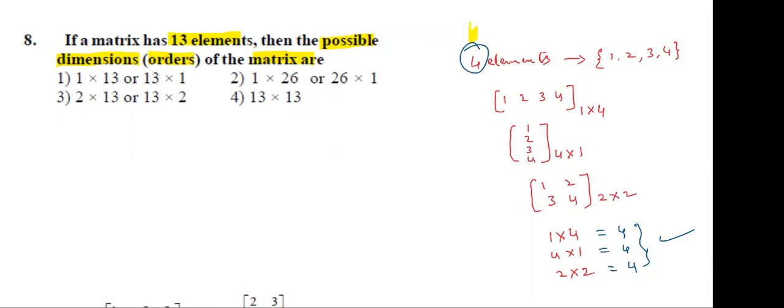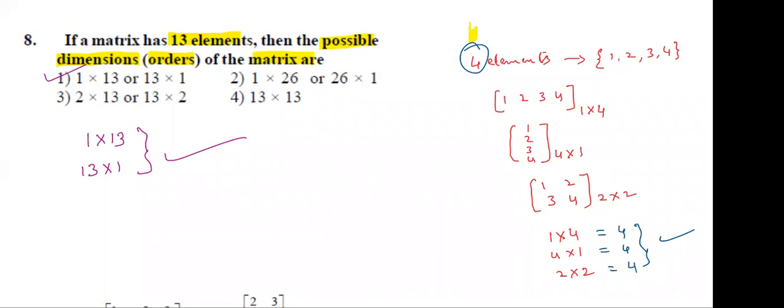Okay, students. But here, what is that 13? How to write? Tell me the answer. 1 by 13, 13 by 1. Only 2 chances. What is the correct answer? First option.